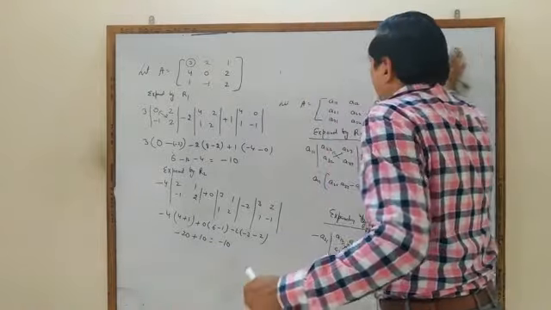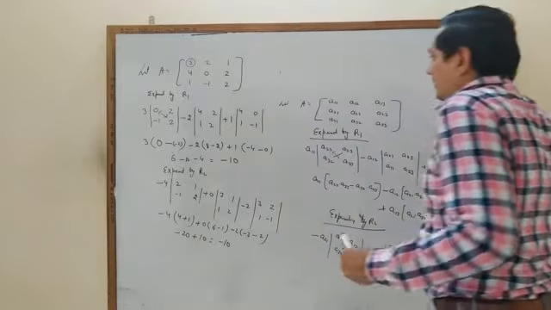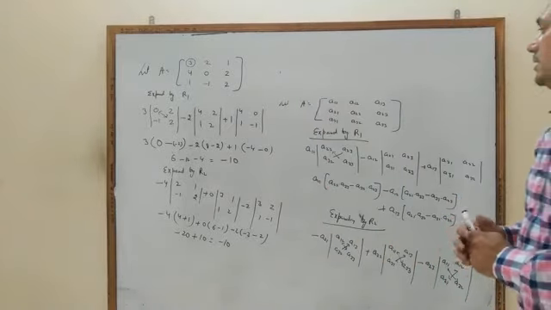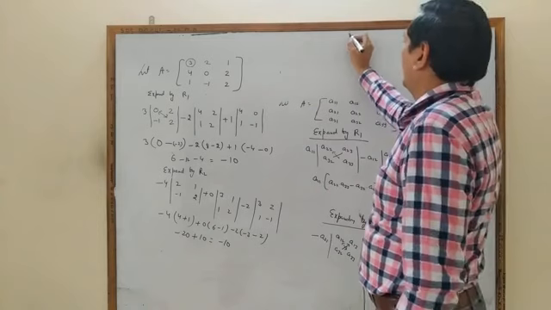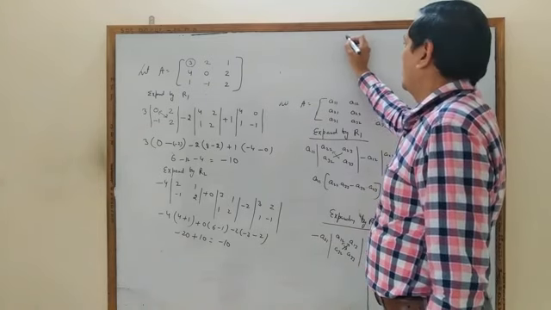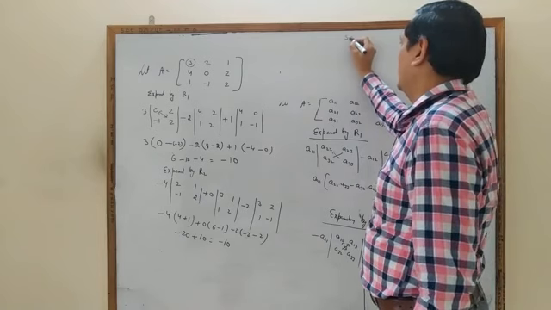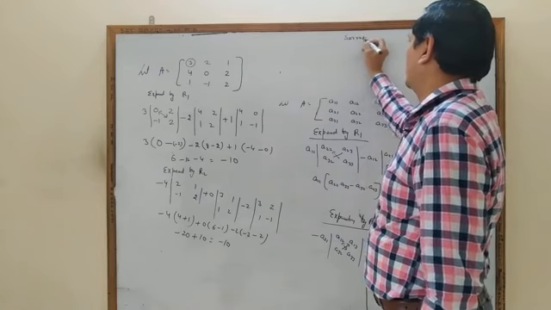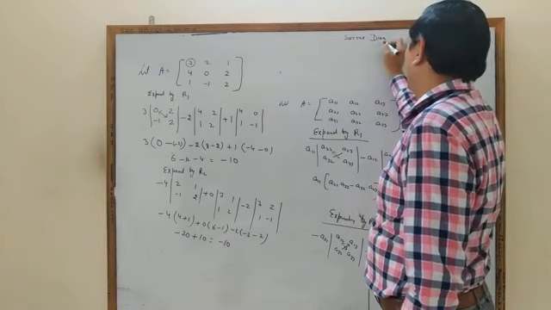A different method to calculate the determinant of A of a matrix of order 3 by 3 is Sarrus diagram.